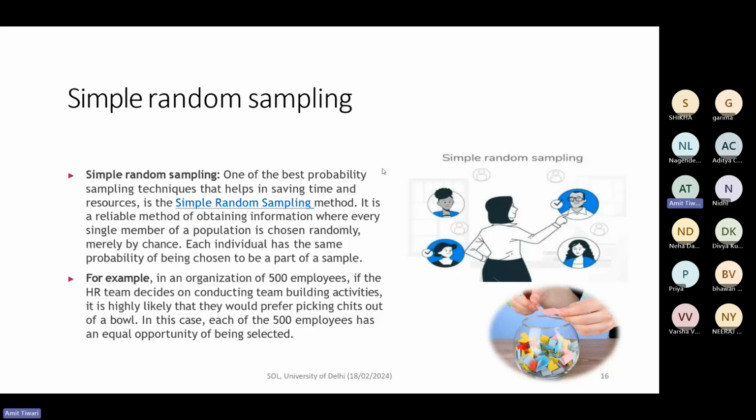If the HR team decides to conduct team building activities, it is highly likely that they would prefer taking chits out of a bowl, where the names of the individuals are put randomly. If someone picks from that, everyone has an equal chance. So that is an example of simple random sampling.